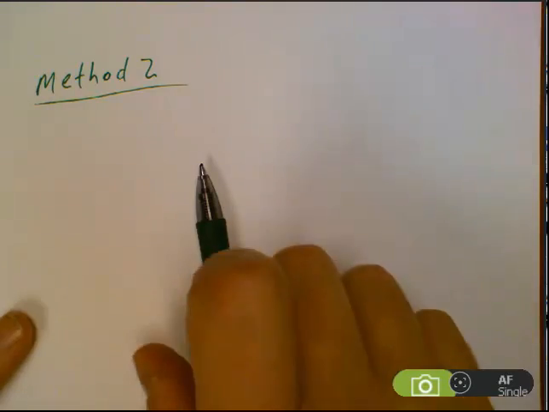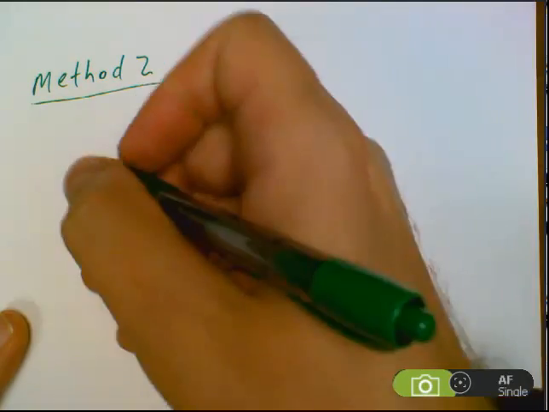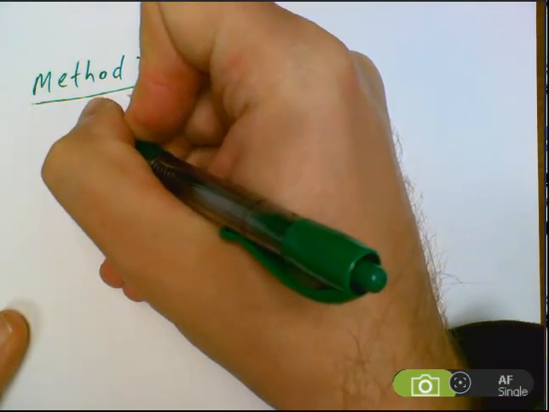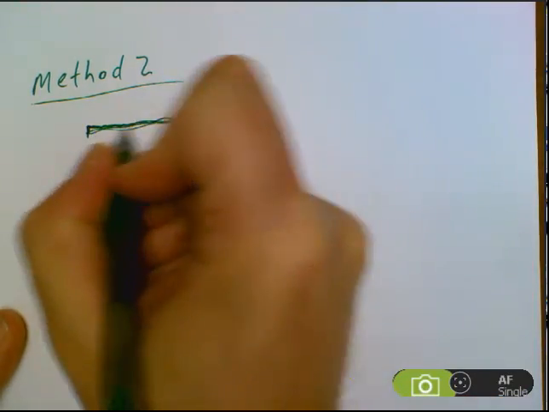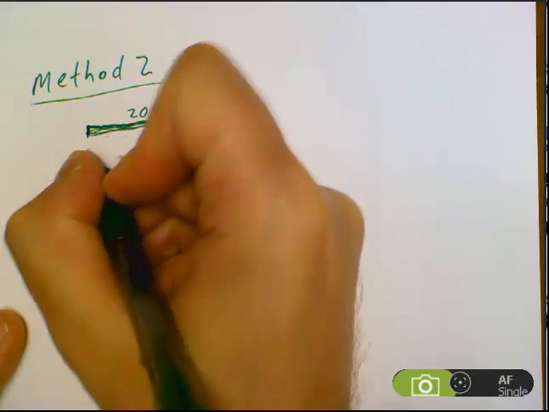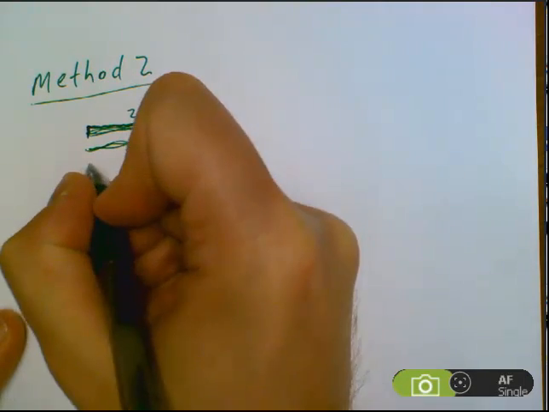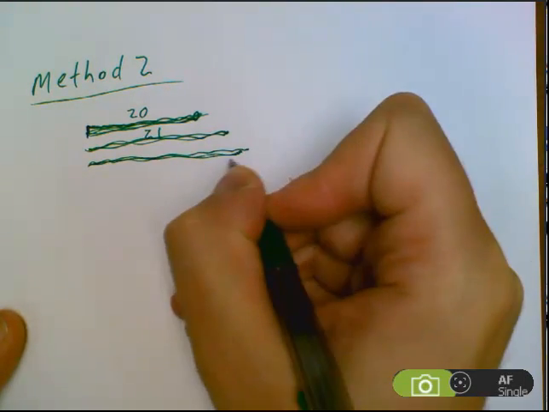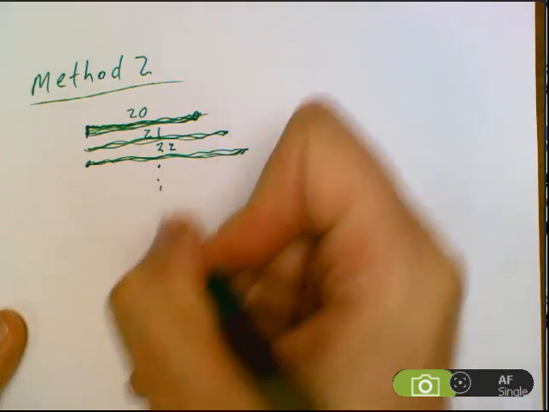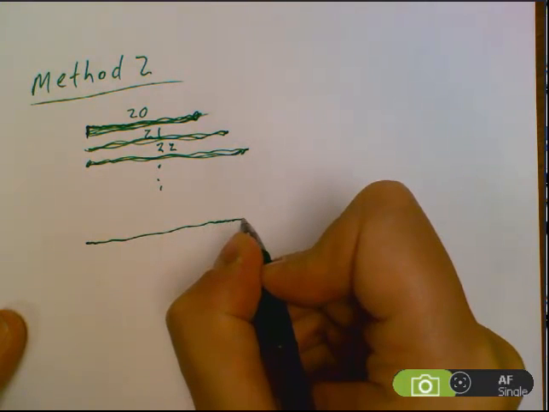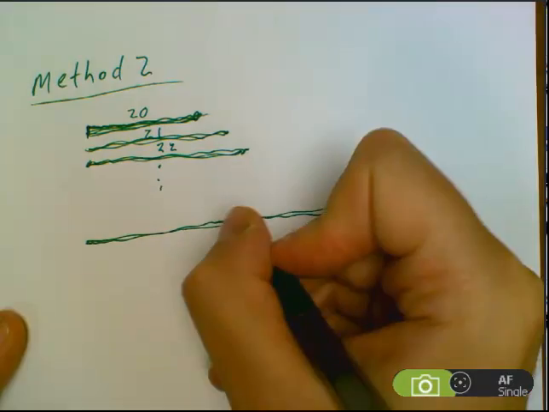All right, so here's a second way I thought of doing this problem, kind of making a geometric interpretation of what's going on. Our first row is 20, then our second one is 21, and then 22, and that keeps going all the way down to row 69.